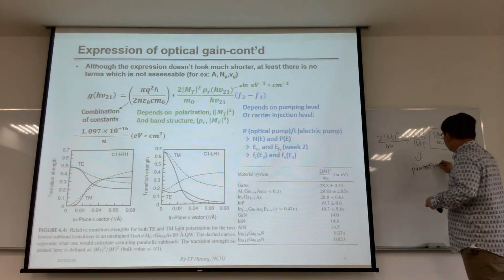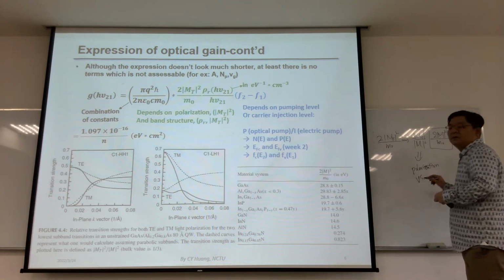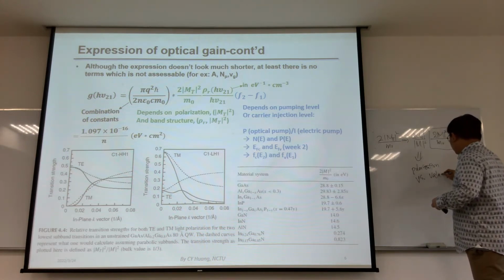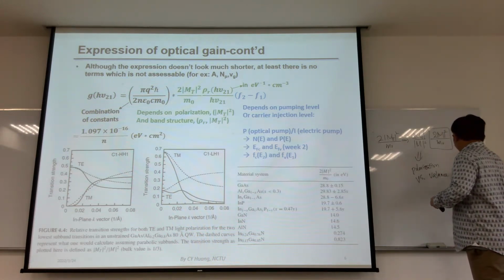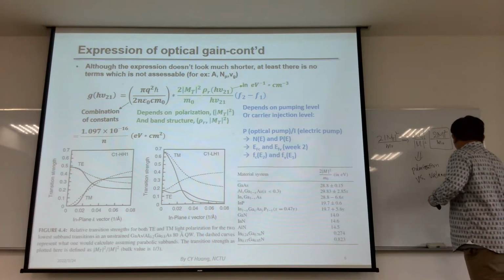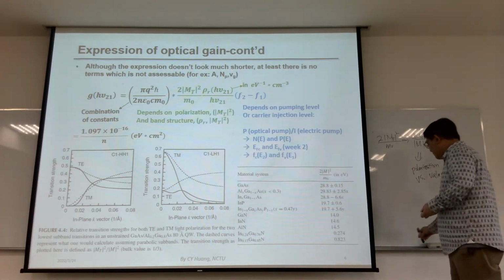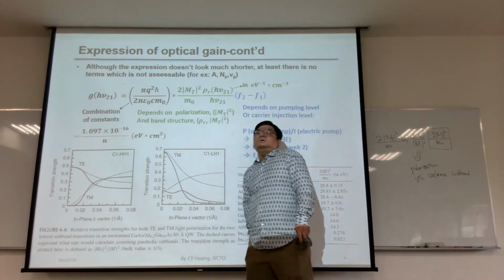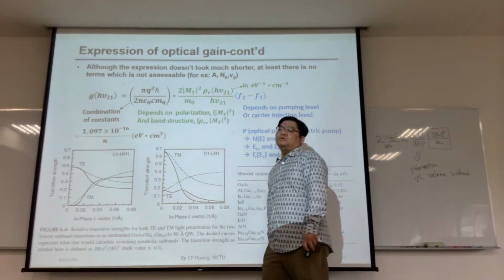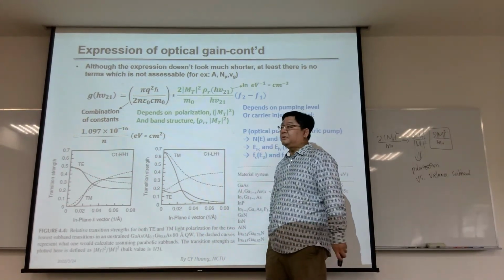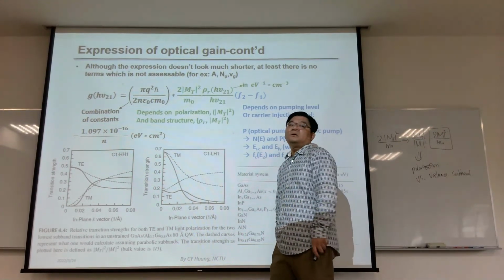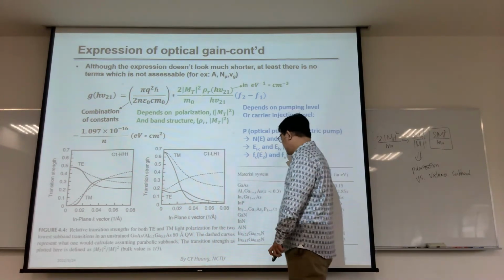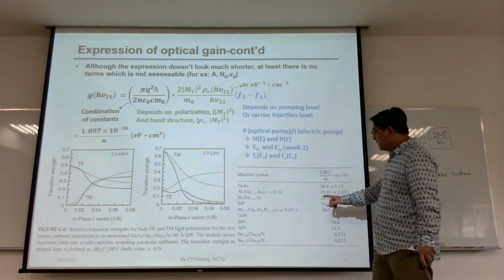Polarization and valence subband. For example, if it is 940 nanometer and the material is InGaAs with 20% indium, then okay, there's a table here.